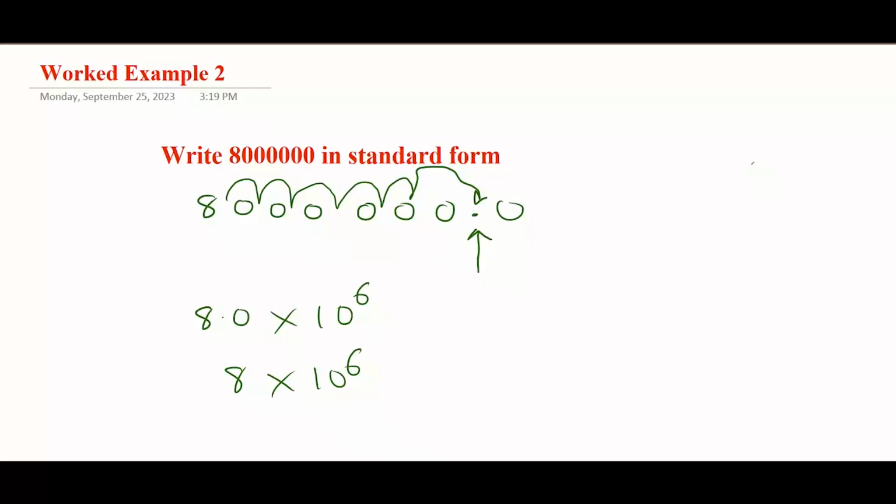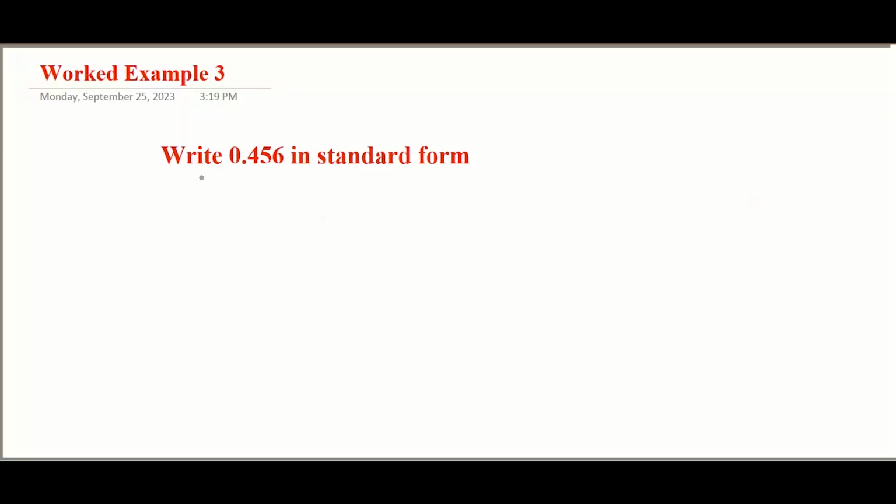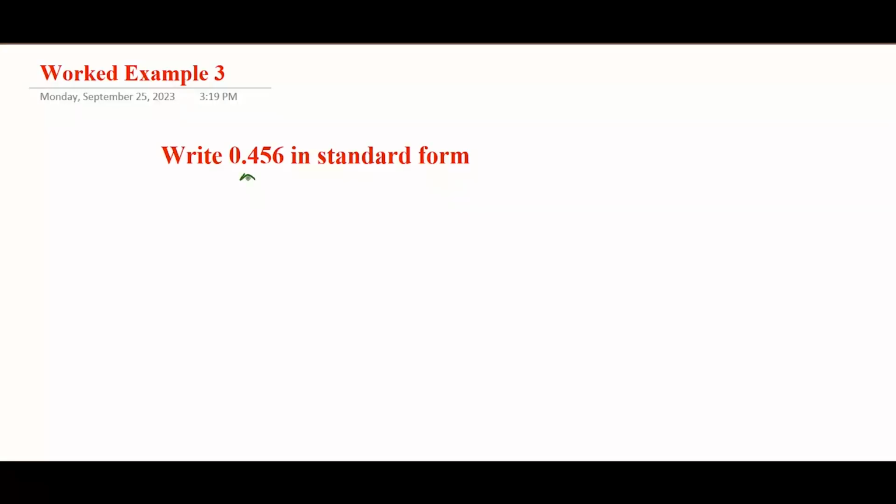Let's look into the third example. Write 0.456 in standard form. Okay, so in this case, we already have a decimal point here. So that means we'll count towards this direction. Then the next thing we need to do is to form the standard form number. So the only point you could insert the decimal point and meet the criterion is between 4 and 5.